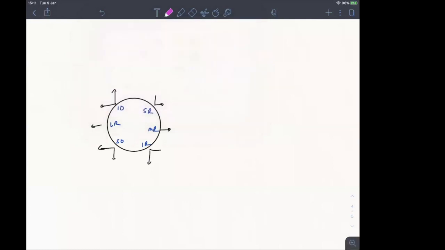So one of them is 3rd cranial nerve, one of them is the 4th cranial nerve, and one of them is the 6th cranial nerve. And the names of these are oculomotor, trochlear, and abducens. Okay. Now let's start with the 6th cranial nerve first. So the 6th cranial nerve is responsible for only your lateral rectus.